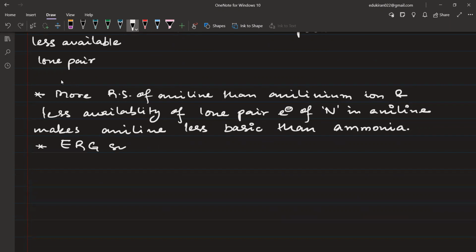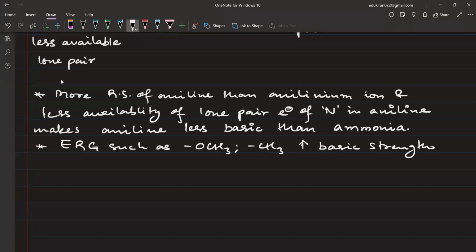Electron releasing groups such as OCH3, CH3 increase the basic strength of aniline.